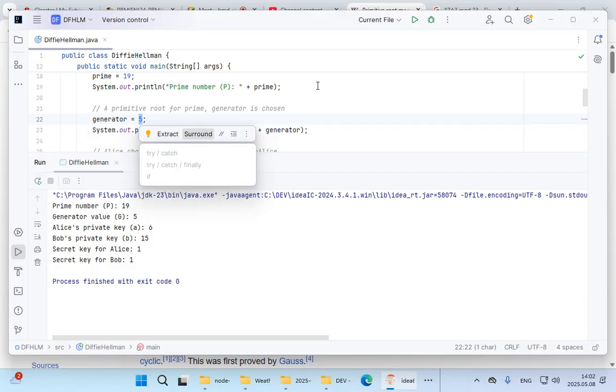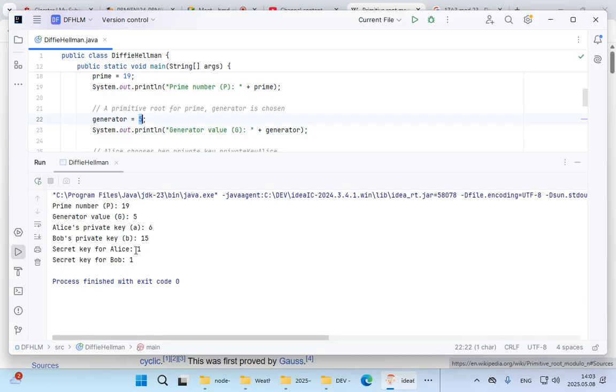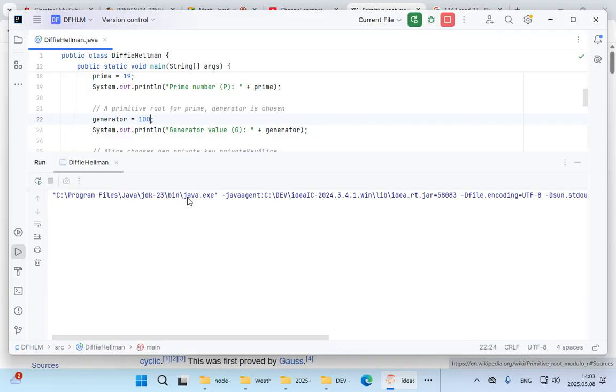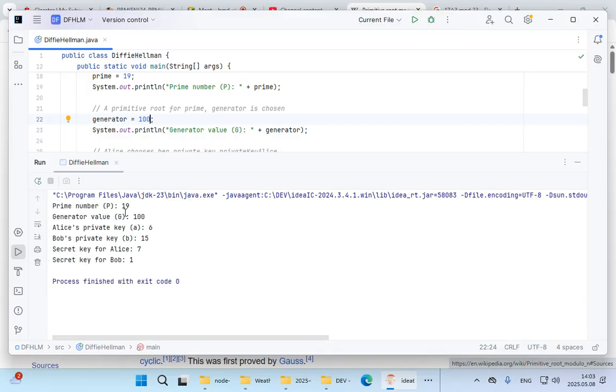If you make here 2, still the same. But you see, it all the time gives you 1, for example, or something, yeah. And take 100. You see, it's different.